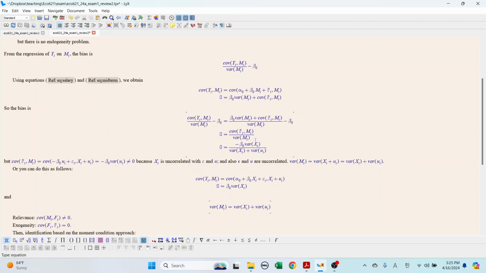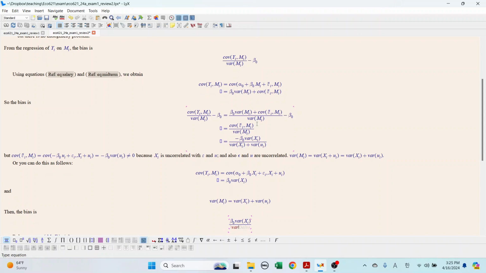Oh, minus. Where did this minus come from? Oh yes. Then the bias is, if you calculate that, I think you will get something like this.